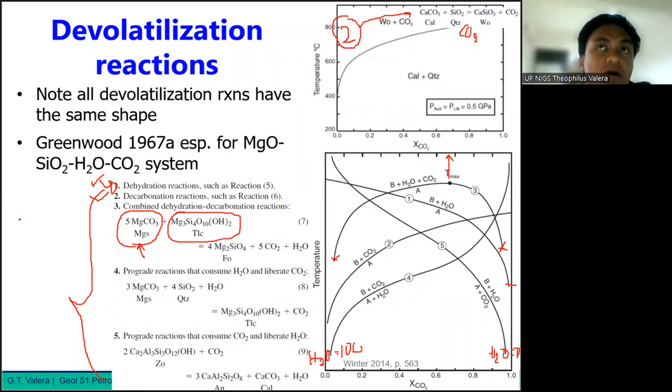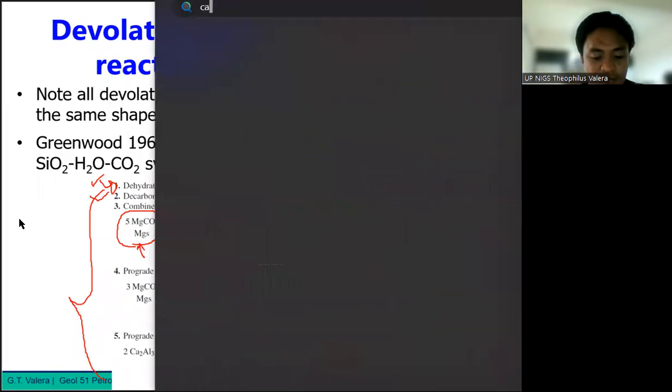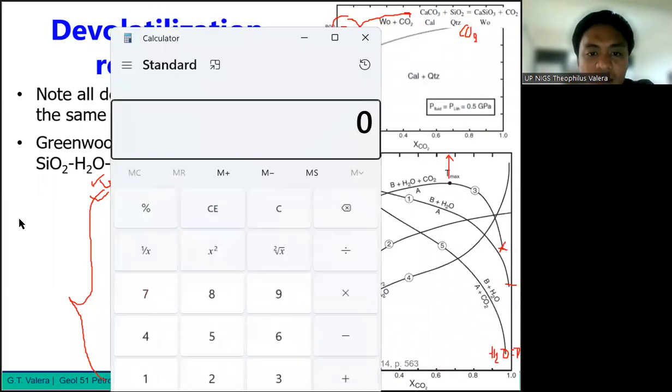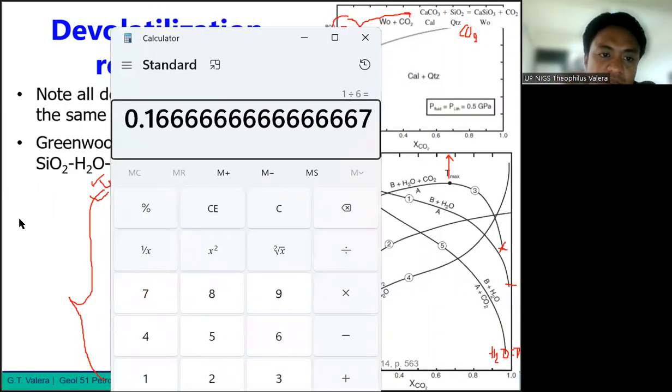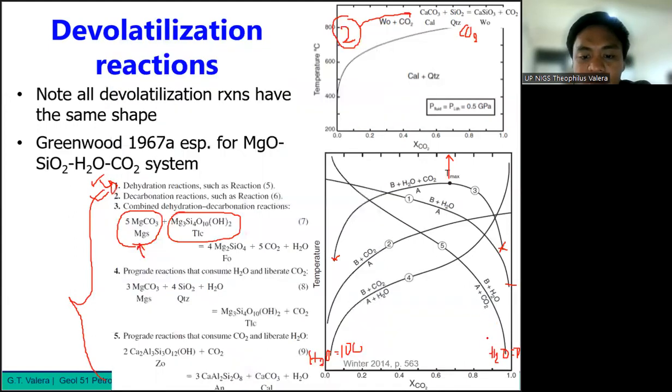Arithmetically, 1/6 equals, let's use the calculator, 16%. So our maximum is around 16% water, 16% water, 84% CO2. That seems wrong, but anyway, something like that. It's probably not exact here, but anyway, something like that.